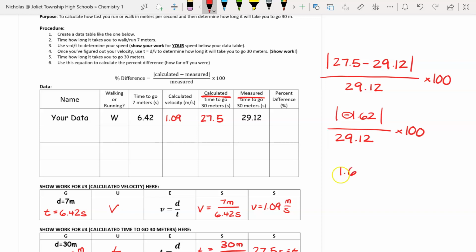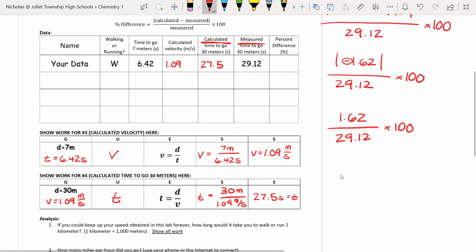So 1.62 over 29.12 times 100. 1.62 divided by 29.12 gives me 0.056, and then I have to multiply that by 100. That's going to give me 5.56. That's my percent difference.